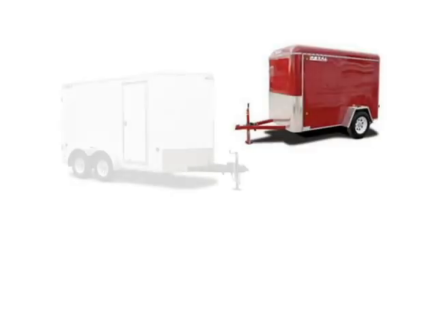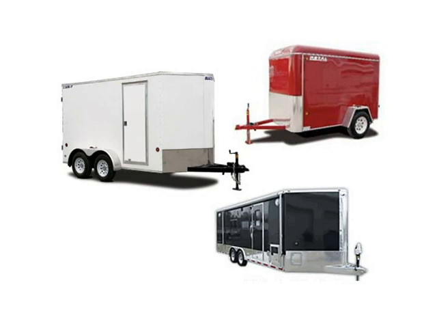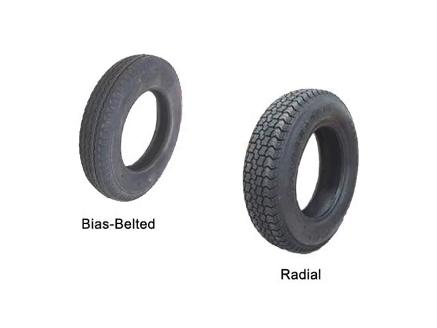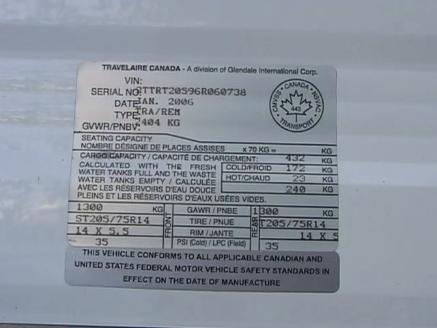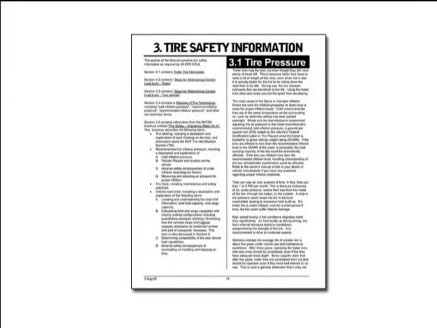Any trailer should have matched mounted tires of the same type, size, and construction. Do not mix bias-belted and radial tires. The load range of the tires should be consistent with the load range on the trailer's certification label or the trailer's owner's manual. Always maintain proper tire pressure.